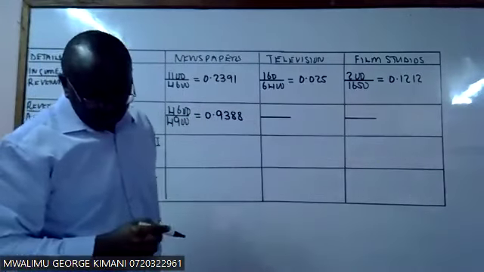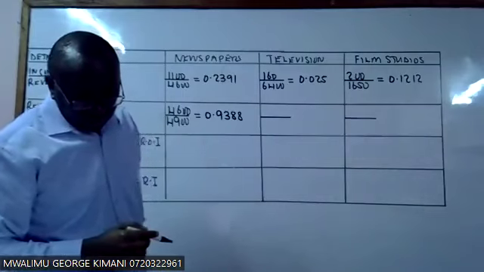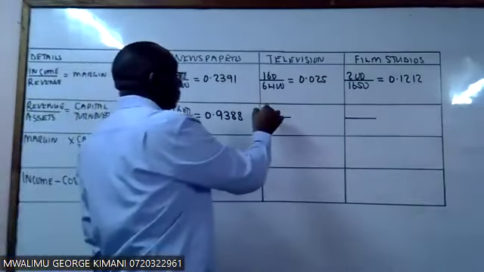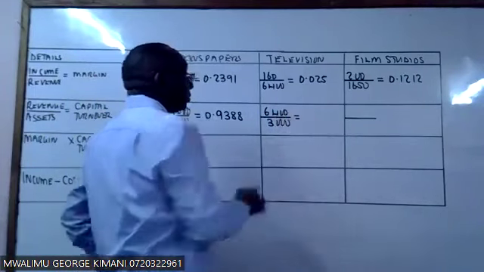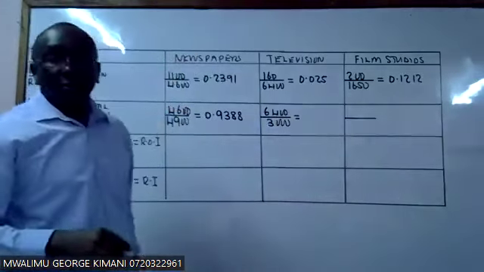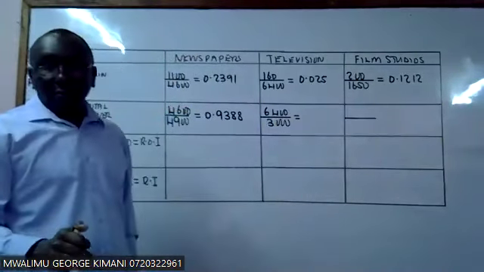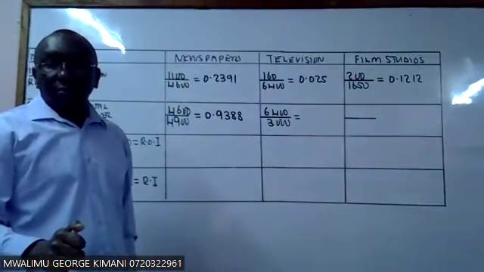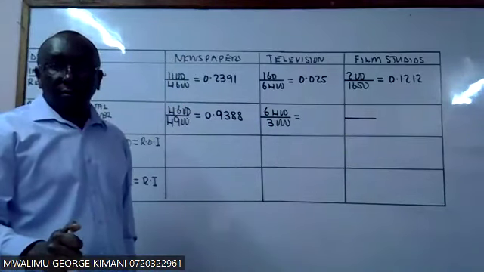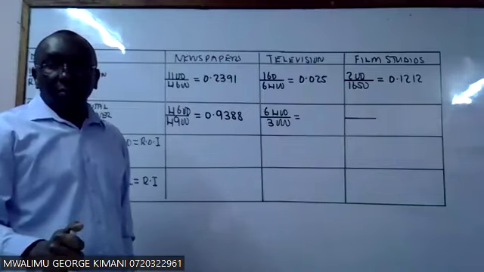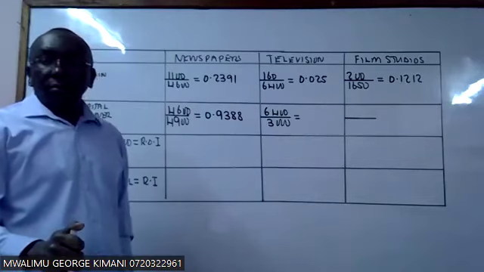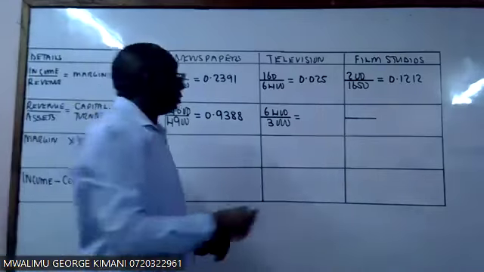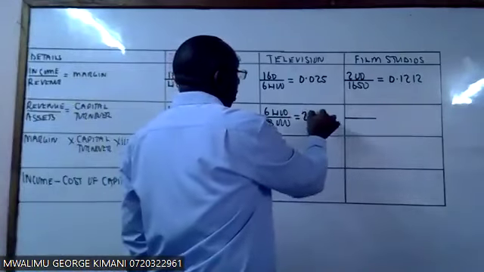The next one is the revenue of 6,400 and assets of 3,000. That gives 2.1333.